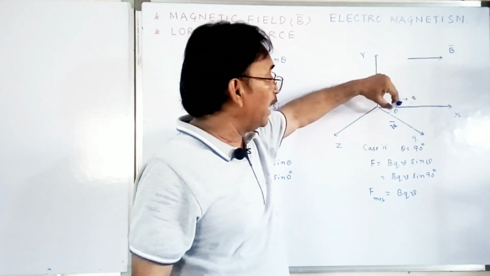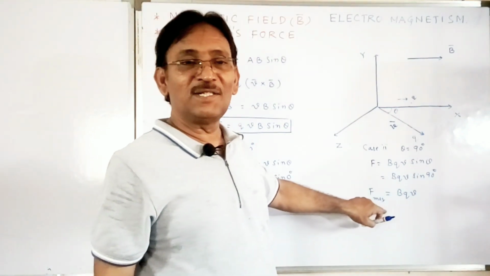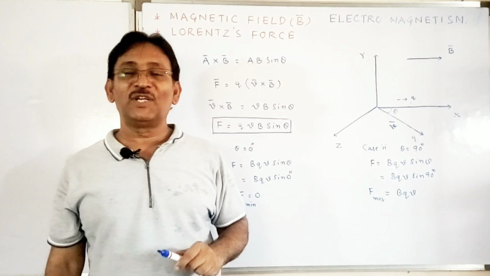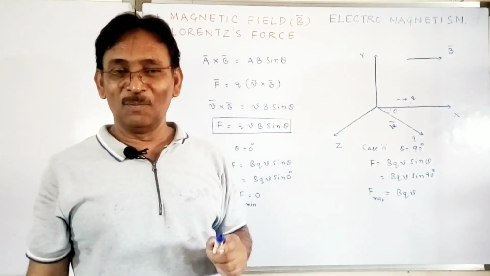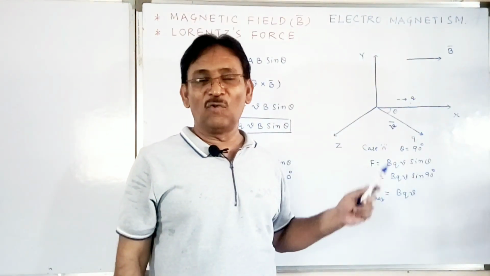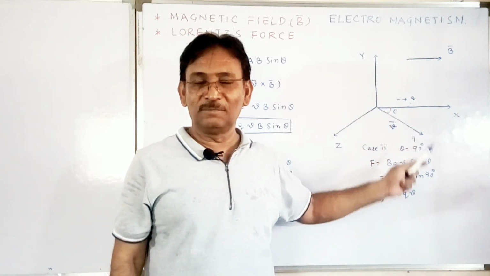When it moves like this, perpendicular to B, it experiences maximum force. It leads to another statement known as Fleming's left-hand rule. By using Fleming's left-hand rule, you can find out the direction of the force acting on a charged particle kept in a magnetic field.